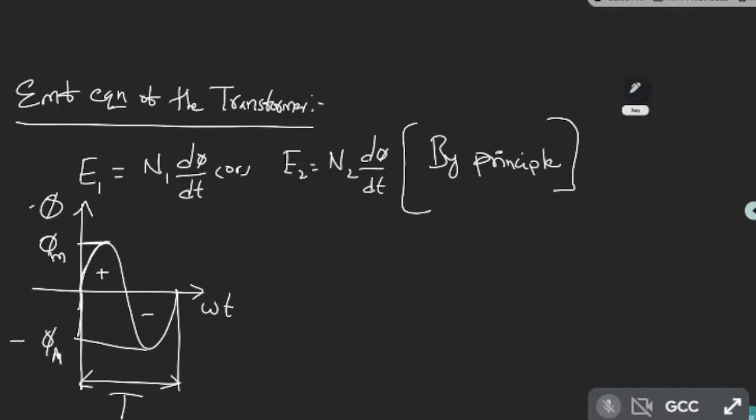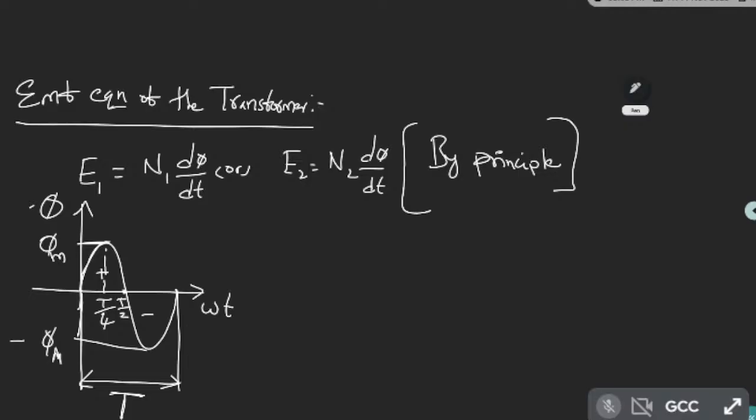So the time period of this waveform is capital T. Half means T by 2. At what time are we getting maximum value? At capital T by 4 we are getting maximum value.